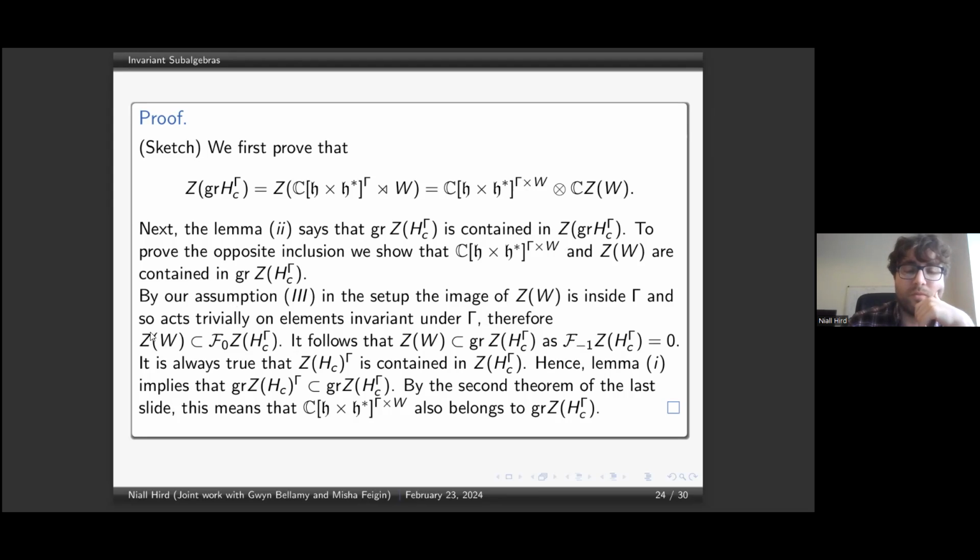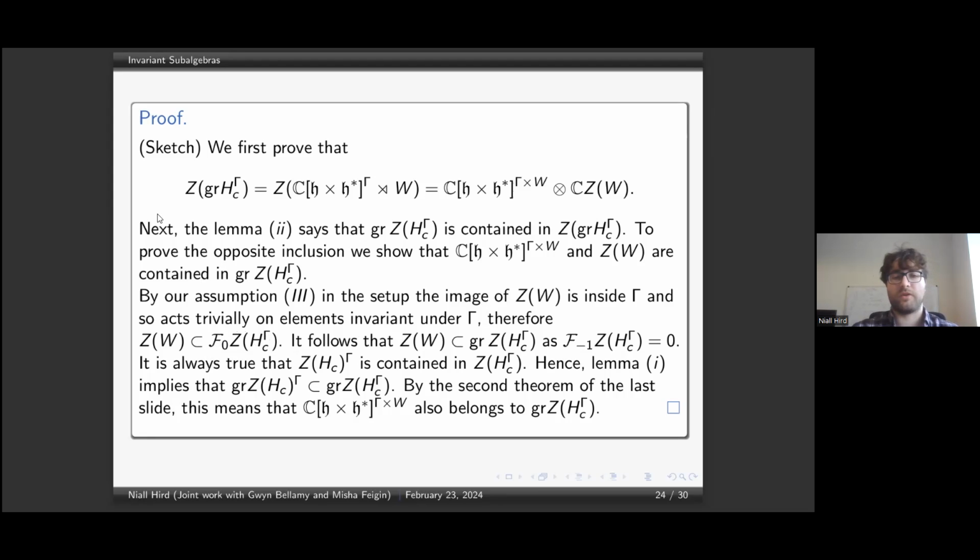So the center of the group is then inside the center of the invariants of H under gamma, just as a whole thing. And this says more specifically, it's inside the zeroth component when we give it our PBW filtration.